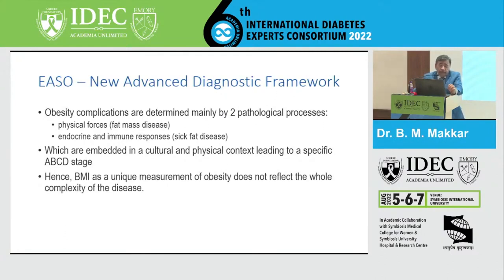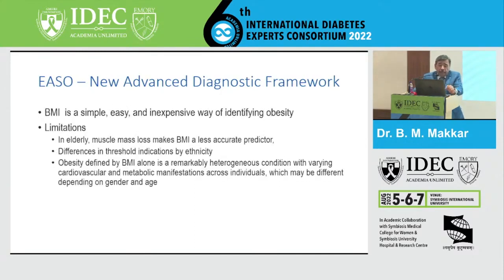And BMI as a unique measurement of obesity does not reflect the whole complexity of disease and should not be considered as the basic definition of obesity. Yet BMI is a simple, easy and inexpensive way of identifying the extra fat mass in the body. It is still being retained, but you have to look at the stages of disease based on the ABCD algorithm.